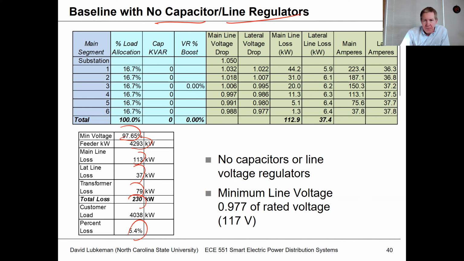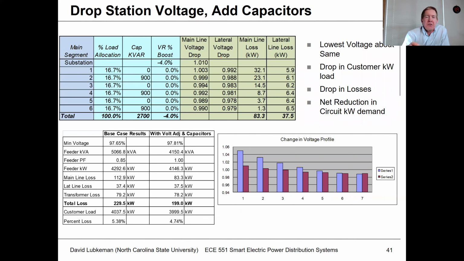Now what I could do, noting that I'm starting with the top of the feeder at 1.05, is put some capacitor banks out there. I've got those at 3 locations right now. And then what I'm doing is dropping the voltage at the substation in this case. I can put voltage changes at other points in the circuit, but for now I'm just dropping the top of feeder voltage, and I'm putting more capacitance along the feeder.